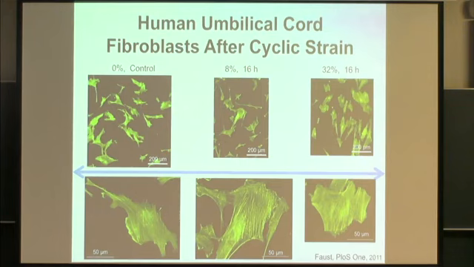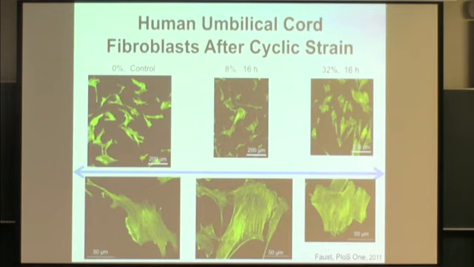What you see here is human umbilical cord fibroblasts after cyclic strain, always an overview image, large scan area and a single cell down here. Strain direction is horizontal along the double arrow. In control cells, we see all directions. After 8% strain, you see some cells still along strain direction, and at 32%, we rarely, if ever, find a cell that's still aligned in the strain direction.